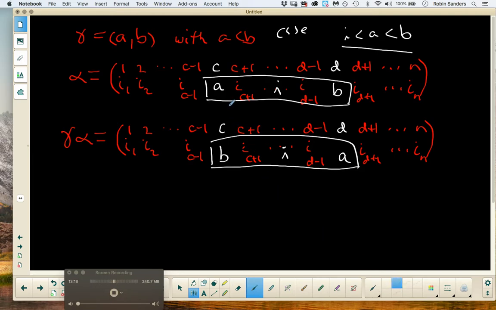Up here, AI is an inversion. And down here, BI is an inversion.